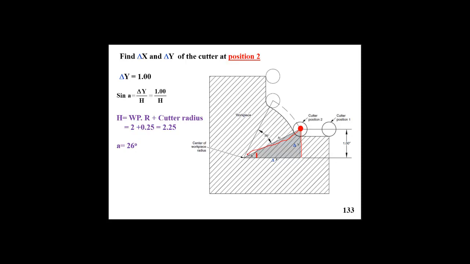So we know this given here as given data. We know that opposite side, and we know that length. So we can get alpha, whatever this angle. Once we get the value of this a, then we can use it to get dx.